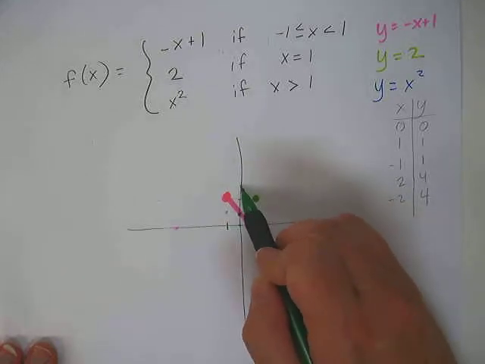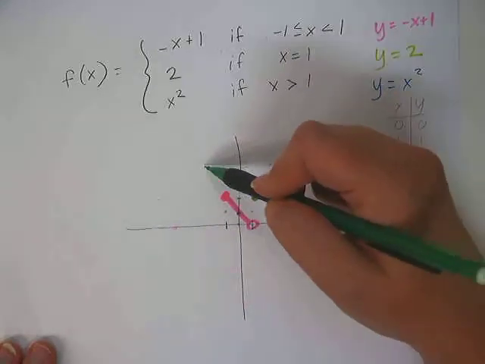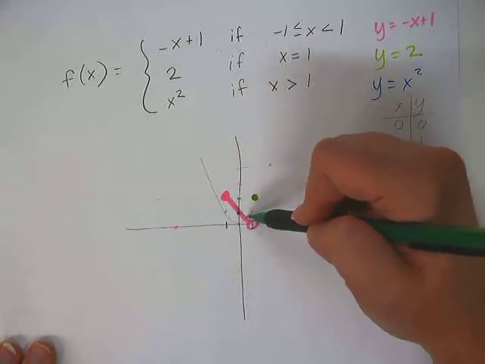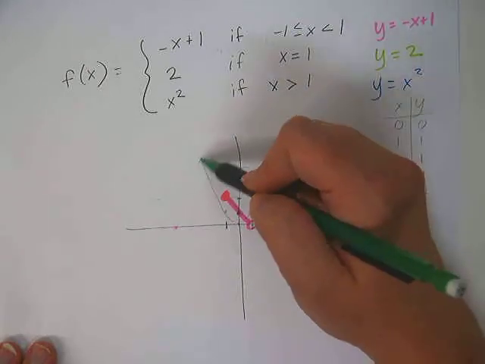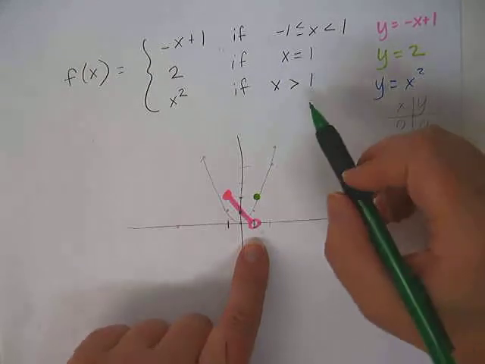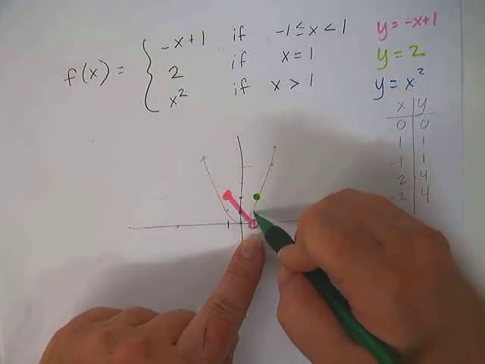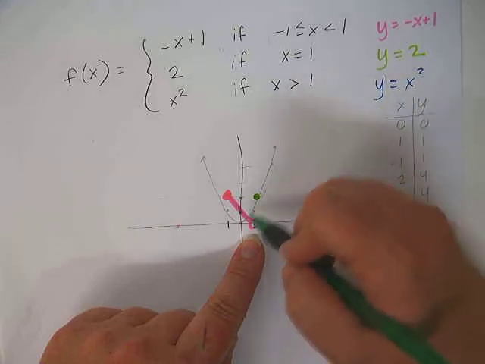Alright, so we have a point at 0, 0, and then 1, 1, and then 2 goes clear up to 4, like there. So you can make your parabola nice and pretty, like that. Okay, what is this one saying?